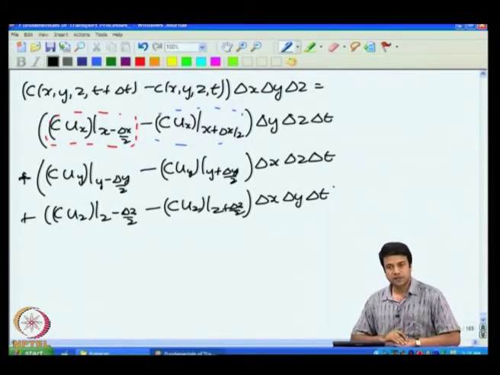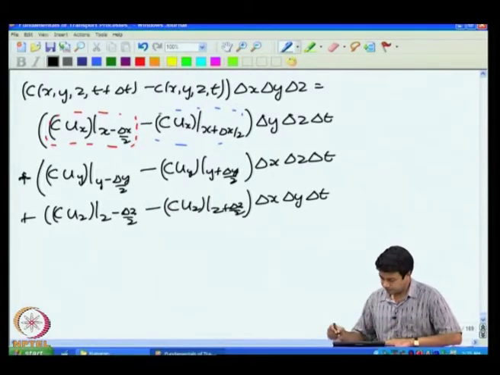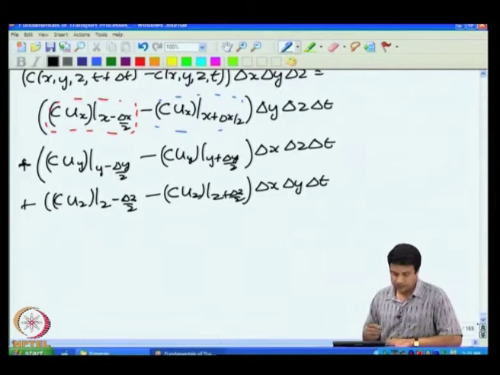So, this is the convective part of the fluxes coming into and out of the differential volume. And then there is the diffusive part.